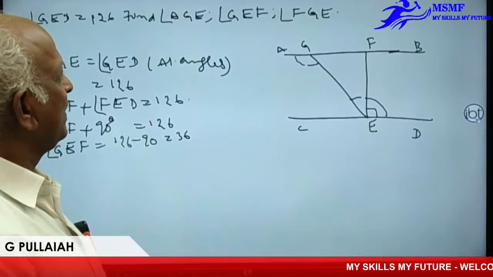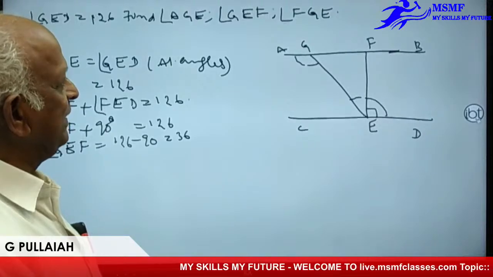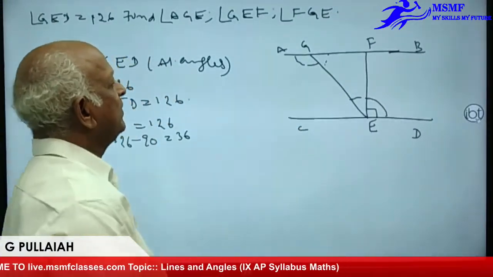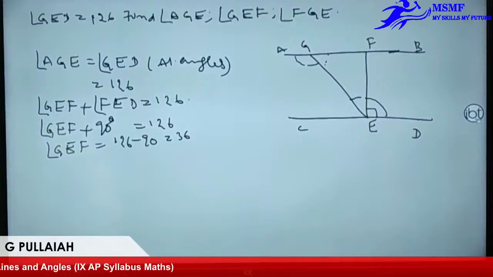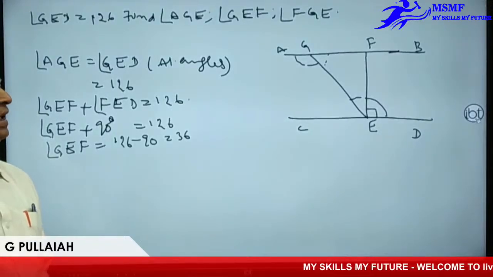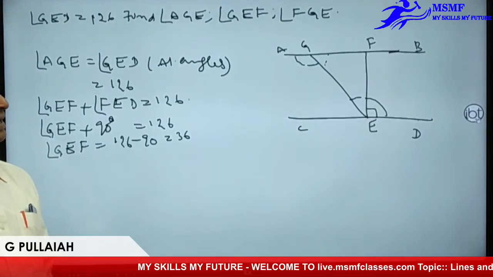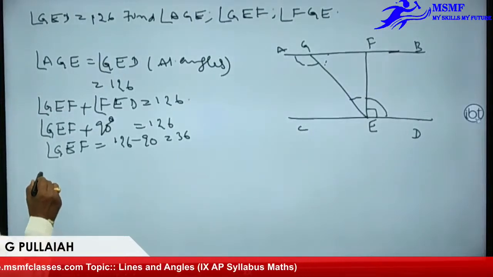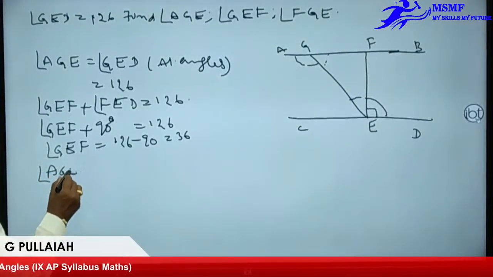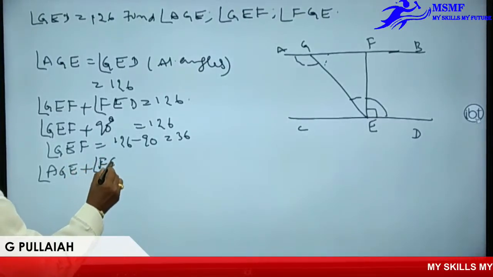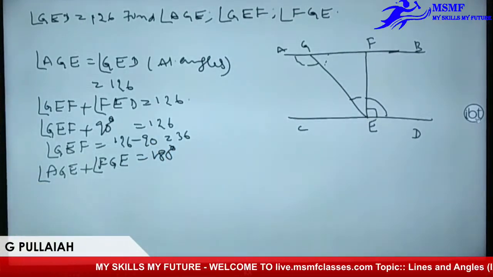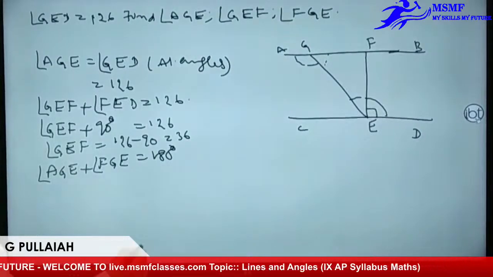Let us come to the third one, FGE. AGE and FGE are a linear pair. So angle AGE plus FGE is equal to 180, since they are a linear pair.